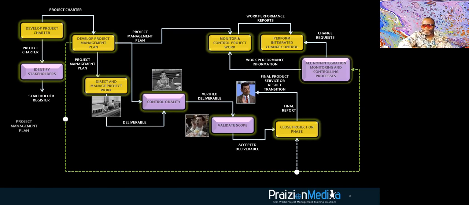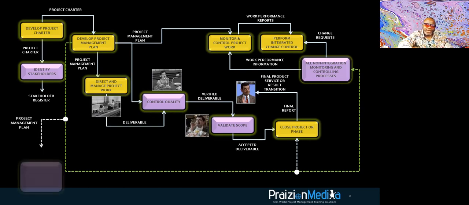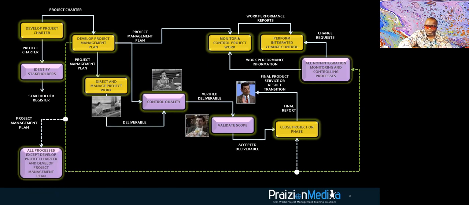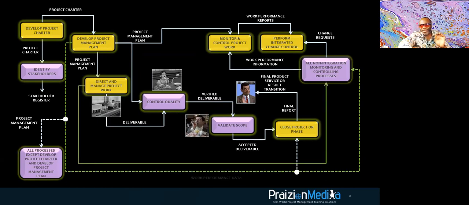That's how it works. Now, like I said, the project management plan goes to every process except two. It does not go to develop project charter as an input, and it does not go back into itself, but it goes everywhere else. And that's all I'm calling out in this section over here. Now, moving forward, we're about to finish. This next green line contains the work performance data.